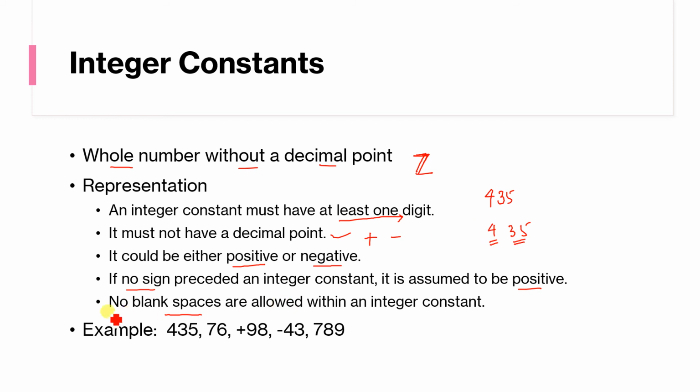These rules must be followed whenever you use an integer constant in your program. Some examples are 435, 76, plus 98, minus 43, 789. These are examples of integer constants.